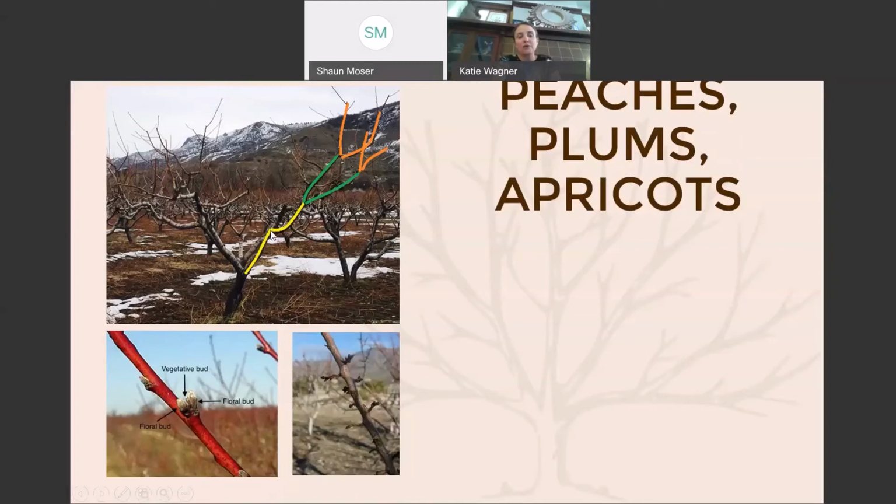Moving outward in that nice kind of bowl or vase shape. And now we are doing that thinning cut to produce an outward. We're selecting a bud that is growing this direction to do our heading cut at, so that we get our outward growth moving this way. And we're just really pushing those scaffolds out in a way to form that nice kind of bowl-shaped pattern.